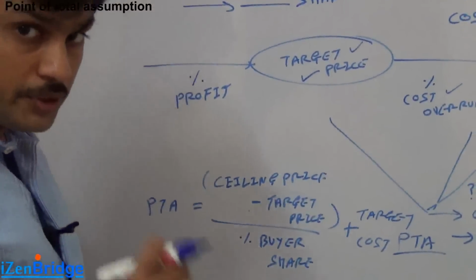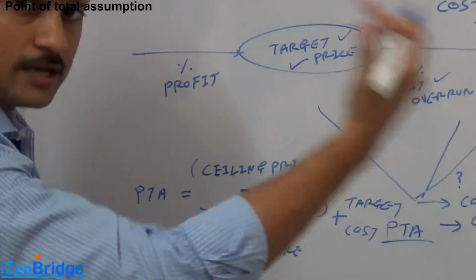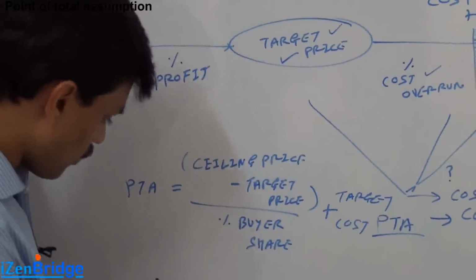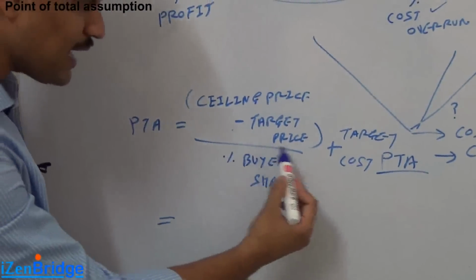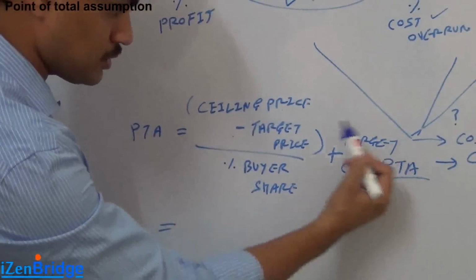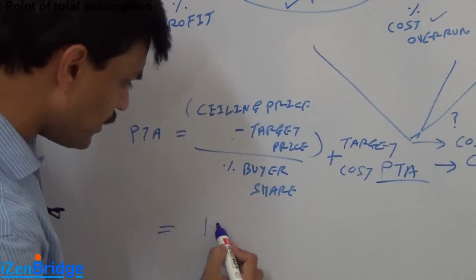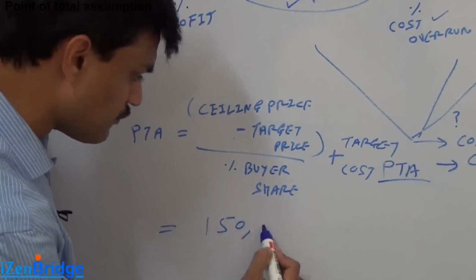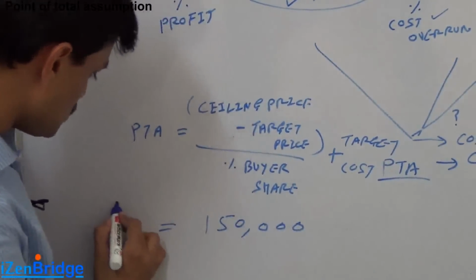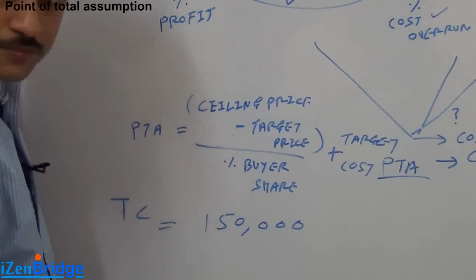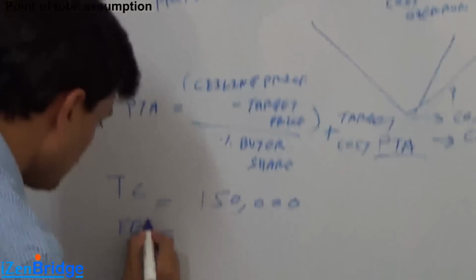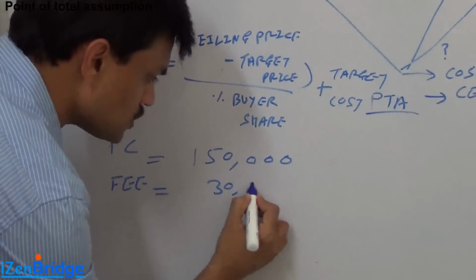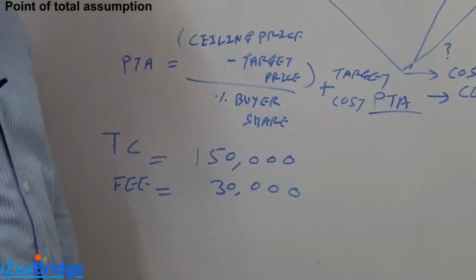Now let's take some numbers and take this example forward. Take an example where you have estimated the project and you thought that you would be able to do this project in 150,000. This is your target cost. On this you want some fee, and you want to earn 30,000 as a fee for this project.